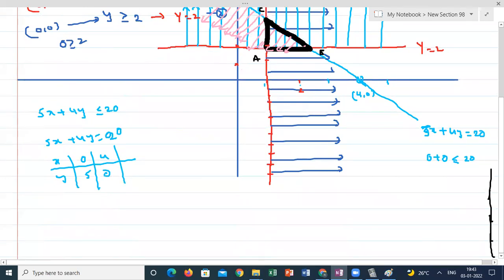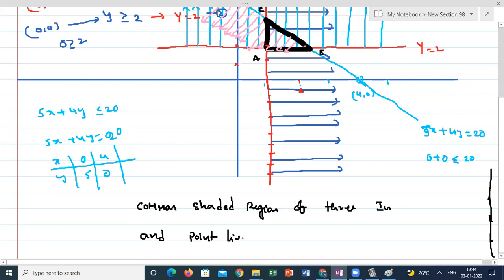So no need to shade; you can shade only the common region with dots or lines, including the points on the line, and you can write: common shaded region of the three inequalities and the points that lie on AB, BC and CA.